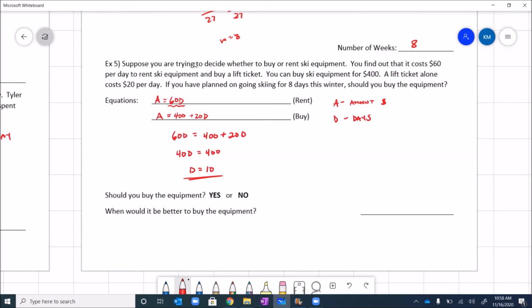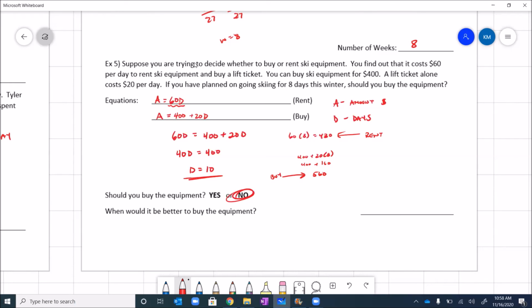Okay, and so with 8 days, 60 times 8 gives 480. 400 plus 20 times 8 would give us 560. So buying would cost 560. Renting would cost 480. Should you buy the equipment?